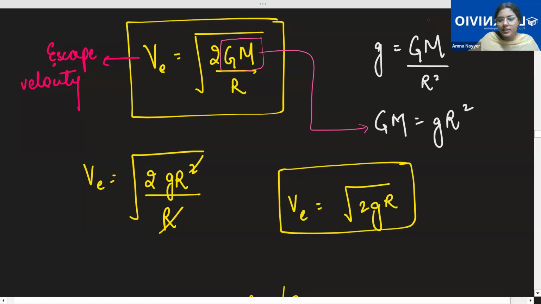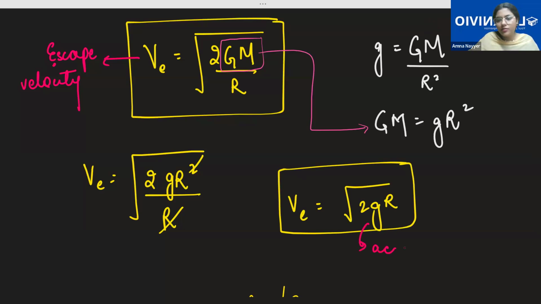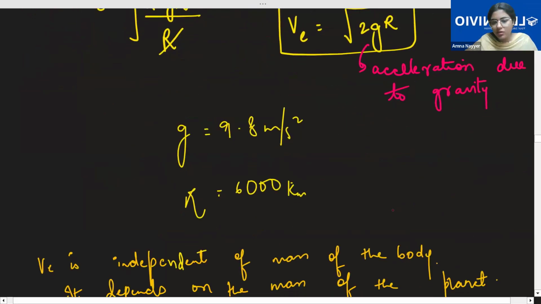This is in terms of acceleration due to gravity. So this is your gravitational escape velocity. Now we know 2, we know g, that is 9.8 meter per second square. The radius of Earth is also known, about 6,000 kilometer.